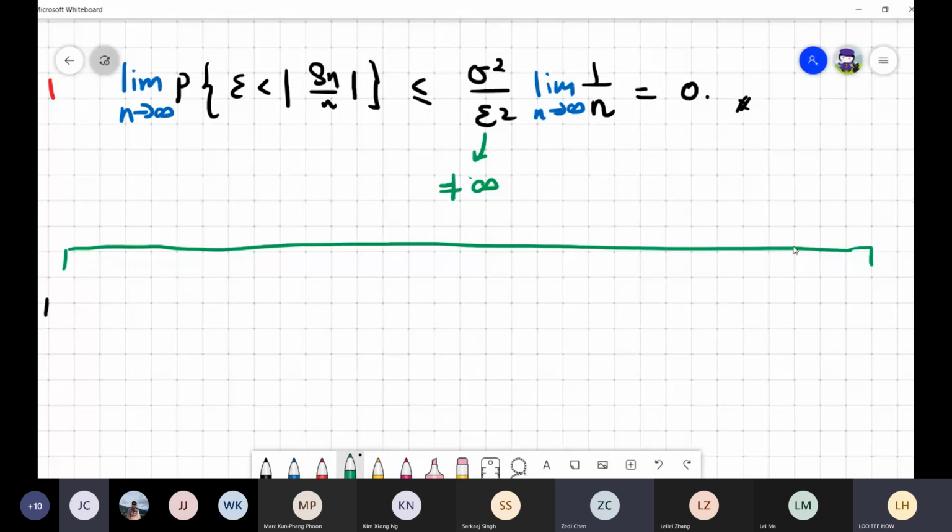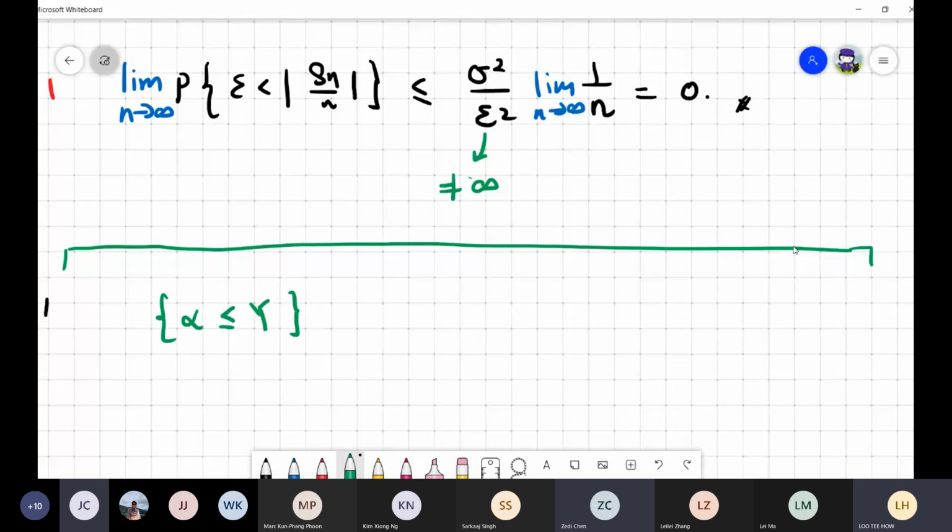All right, so let's look at it in general. Let's say we have alpha here, and the event is that the random variable Y is greater than alpha. What's the meaning of it?